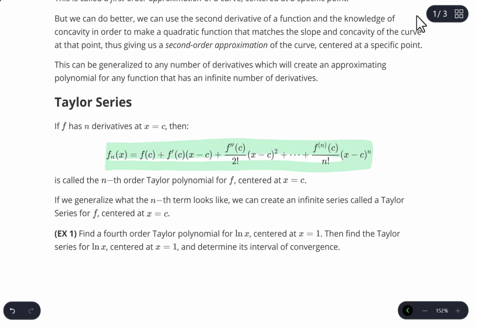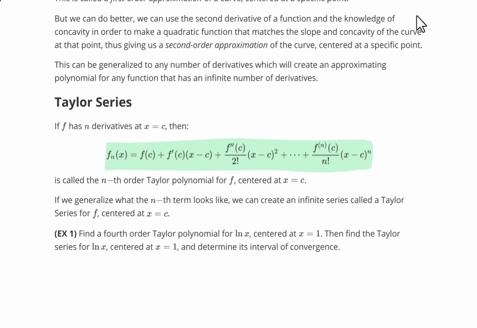The nth order approximation is given to us by the function evaluated at c plus the first derivative evaluated at c times x minus c plus the second derivative evaluated at c over 2 factorial times x minus c squared, and then this generalizes to the nth derivative evaluated at c over n factorial times x minus c to the nth power.